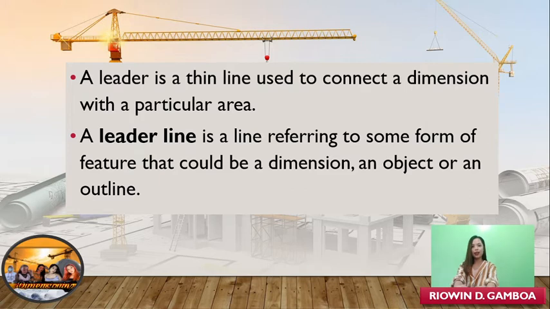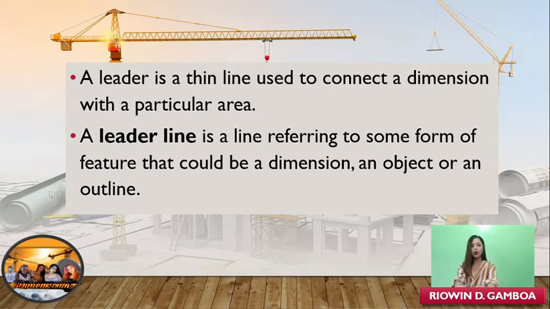A leader is a thin line used to connect a dimension with a particular area. A leader line is a line referring to some forms of features that could be a dimension in an object or in an outline. So, a leader is a thin solid line that directs viewers' attention to a node or a dimension.